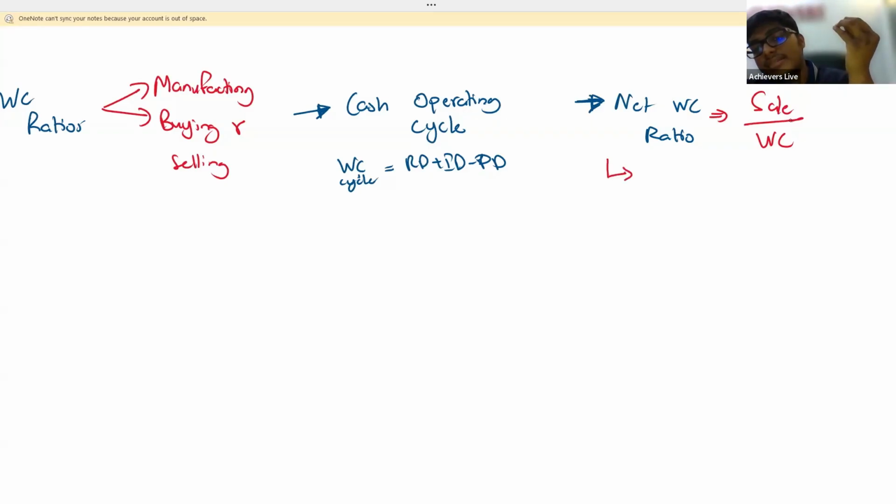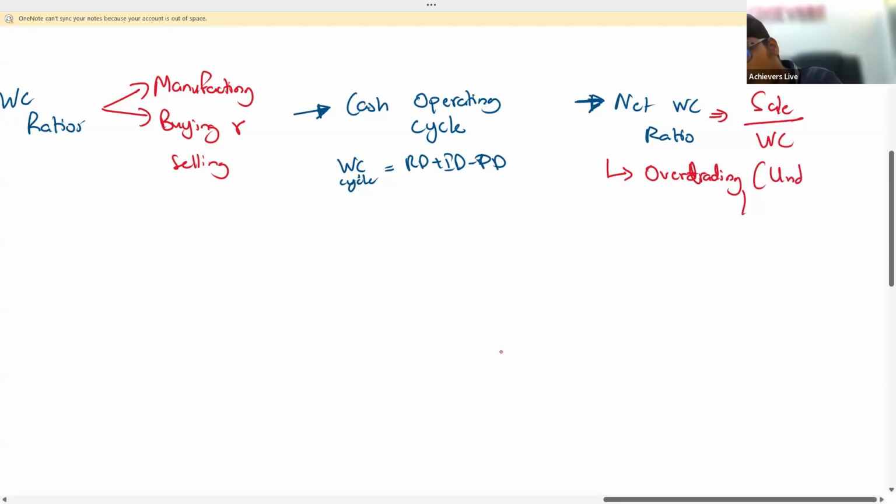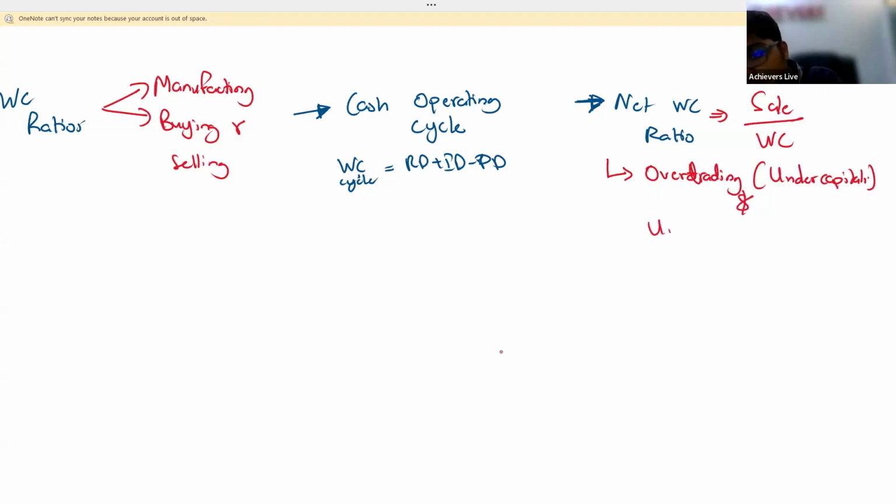Under that, we looked at another small topic called over trading, or undercapitalization.